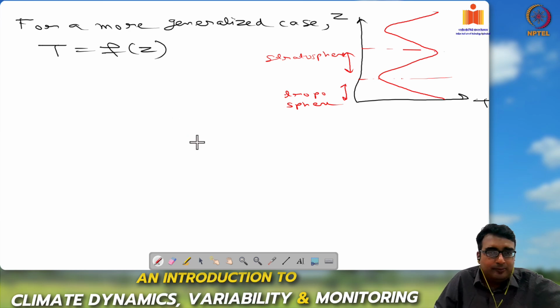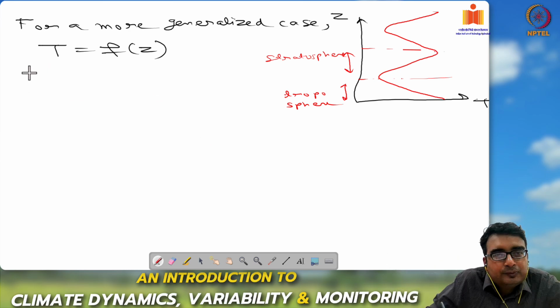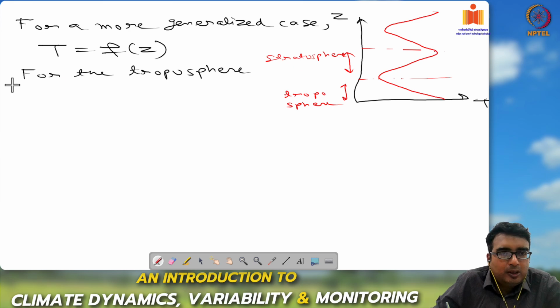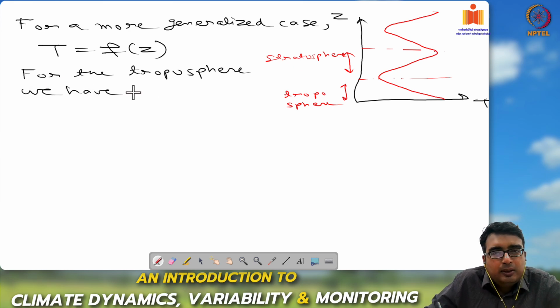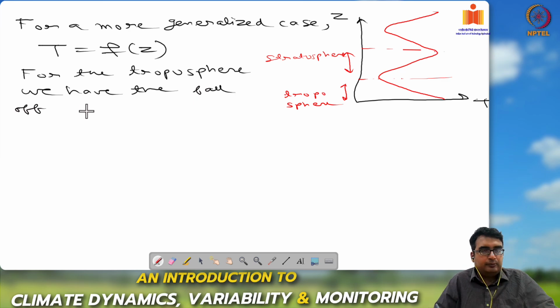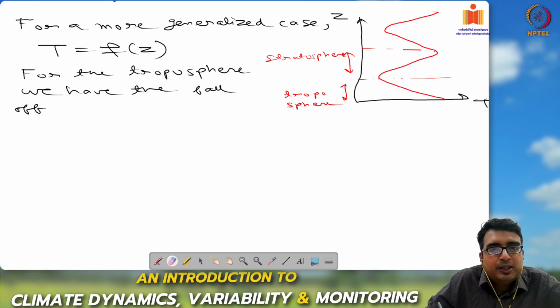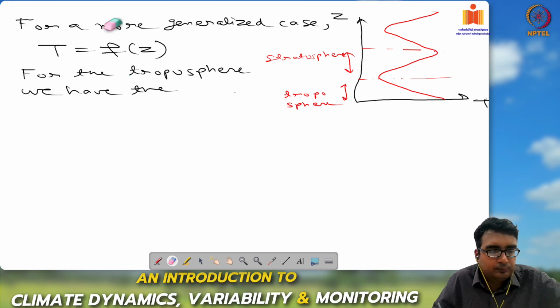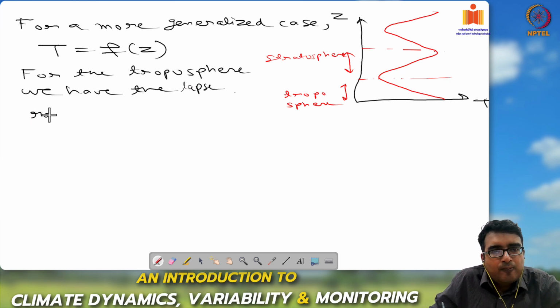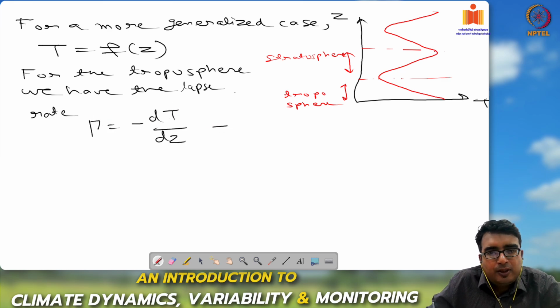So let us consider that for the troposphere, we have the fall off gradient, often also called the lapse rate, gamma, as minus dT dz.